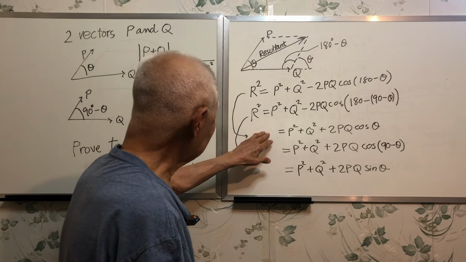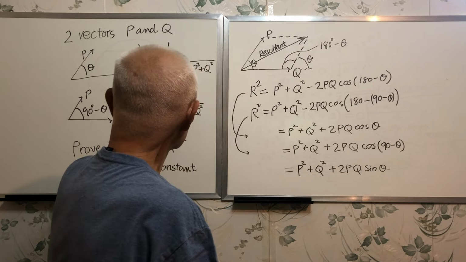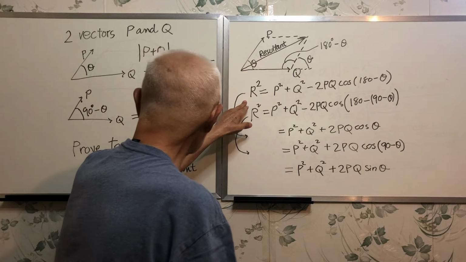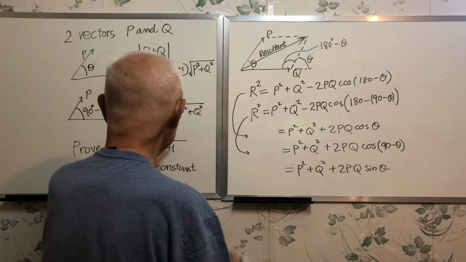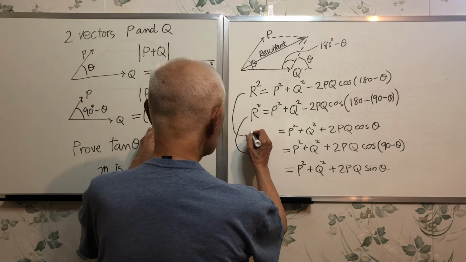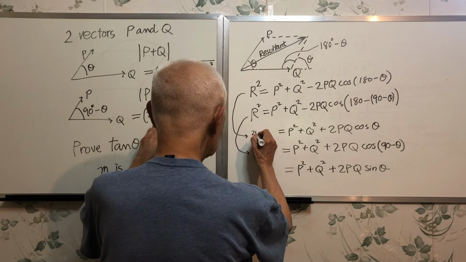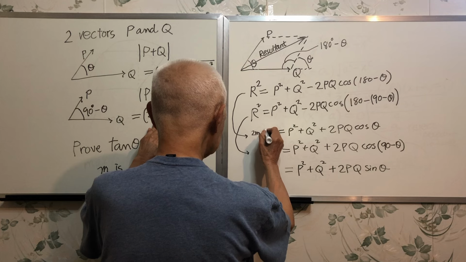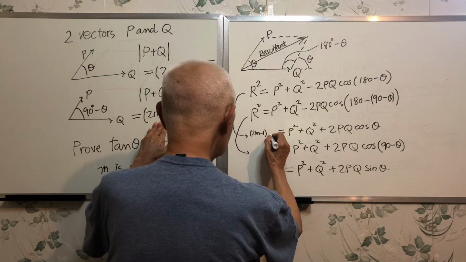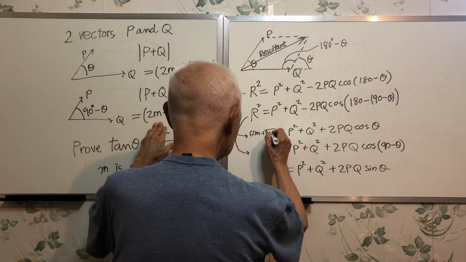Now the left-hand side, the first case, the resultant is this. So this is 2m minus 1 times p squared plus q squared.